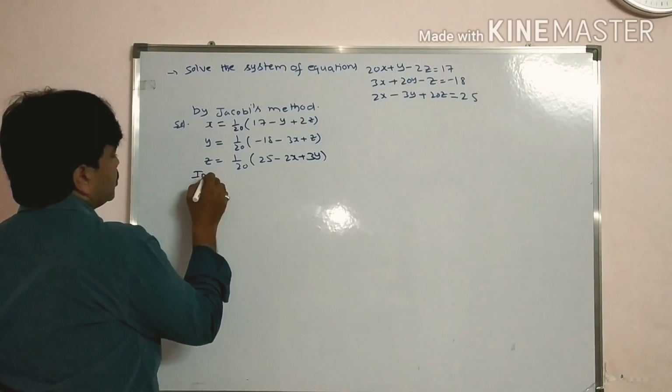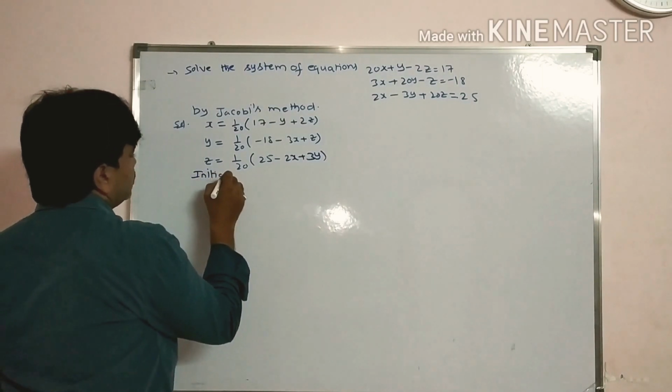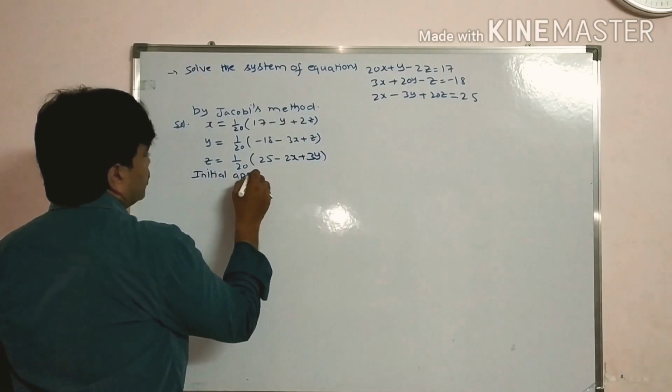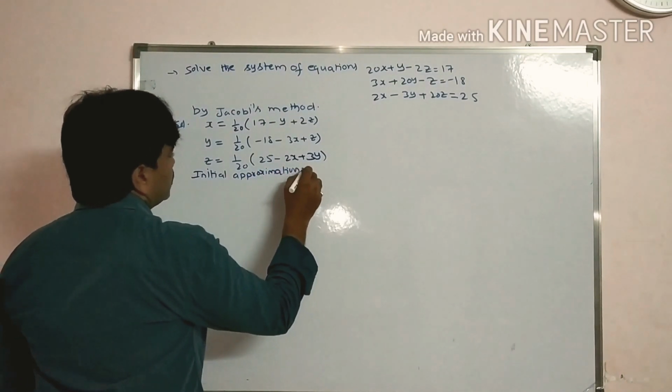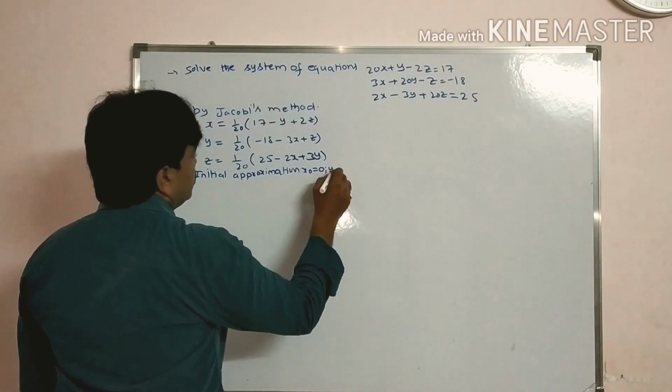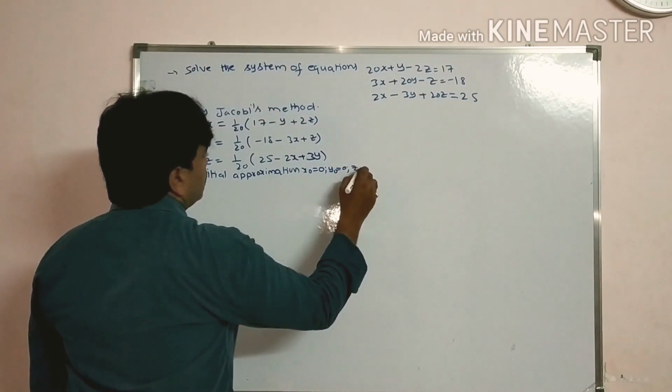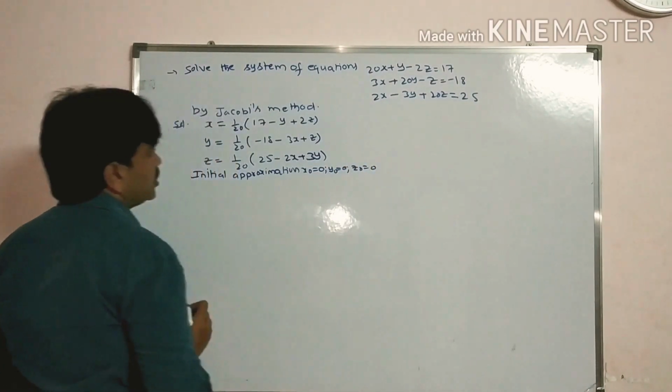Then initial approximation. What is the initial approximation? x naught value is equal to 0, y naught value is equal to 0, and z naught value is equal to 0.